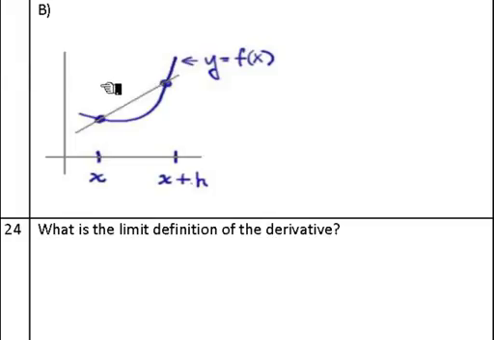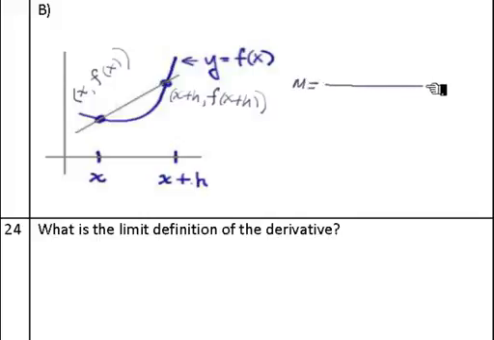In 23b, again, we want to write down the slope of this secant line that we see here. This time we're labeling the x values as x and x plus h. All right, so this point is x comma f of x, and this point over here is x plus h comma f of x plus h. So let's write down the slope using this notation.